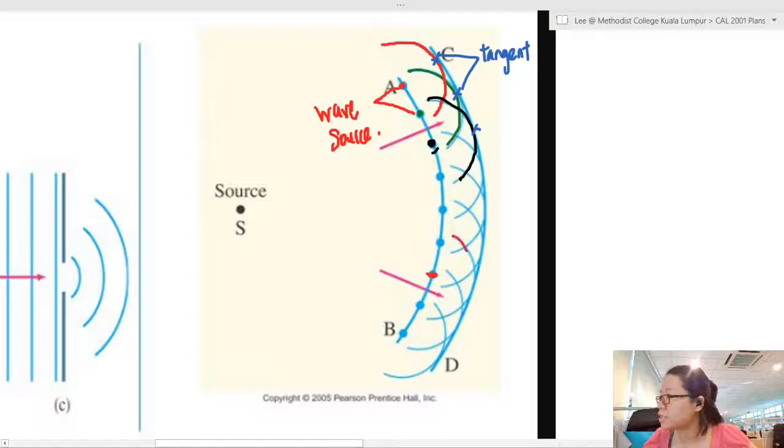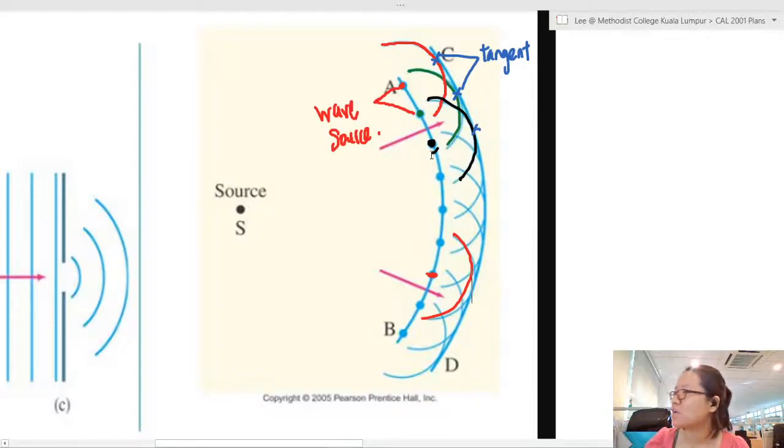So this is the corresponding wave profile, something like this. At the end of the day, the secondary wave profile, or the next position that the wave will be, is tangent to all these little circles.